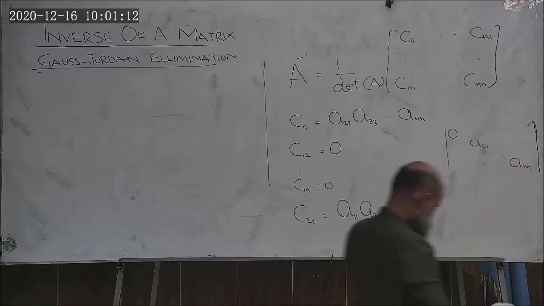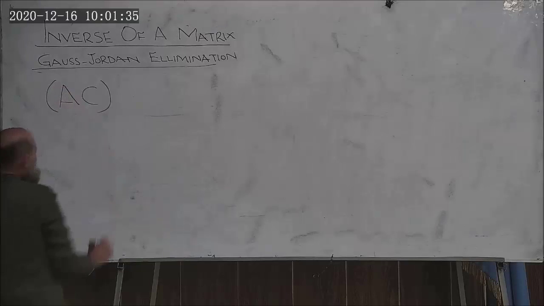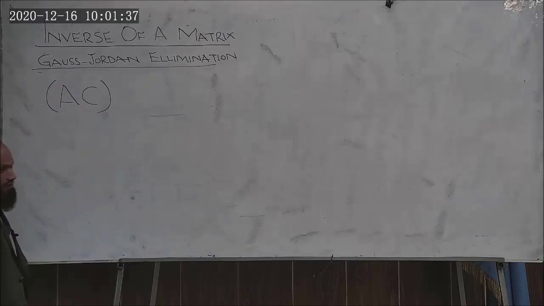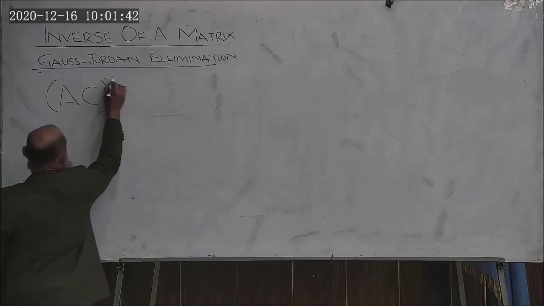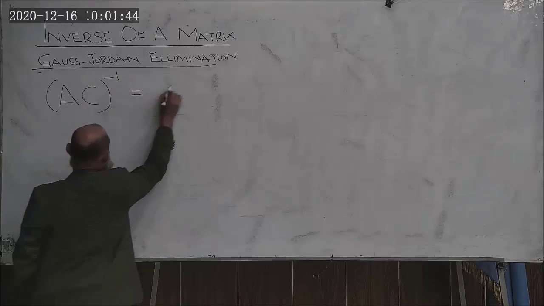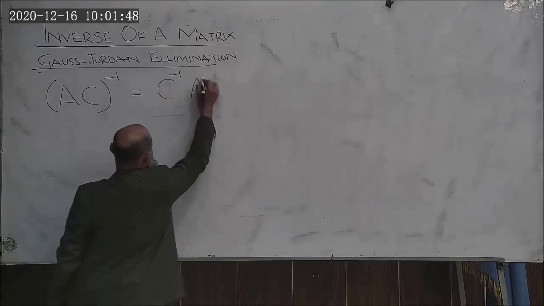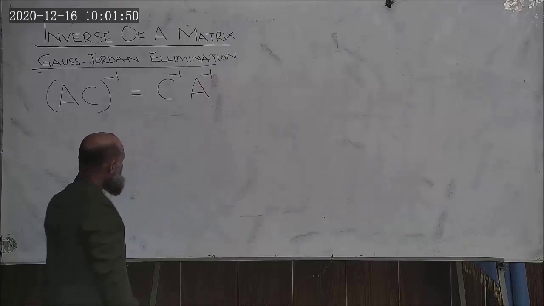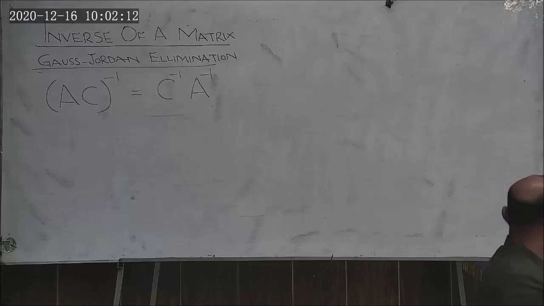So some properties of inverse of matrices. If you have two matrices A and C, then inverse of AC is equal to C inverse A inverse. Please prove this statement. These are n by n matrices and their inverses exist.